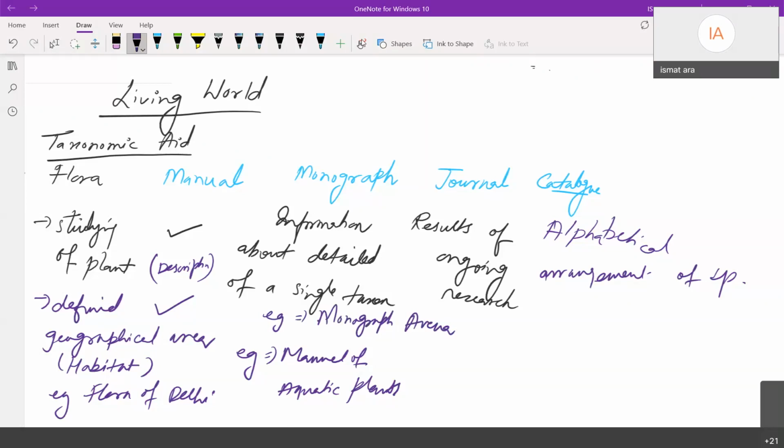Clear with this, students? Manual, monograph, journal, and catalog. Please, clear with this flora, manual, monograph, and journal.